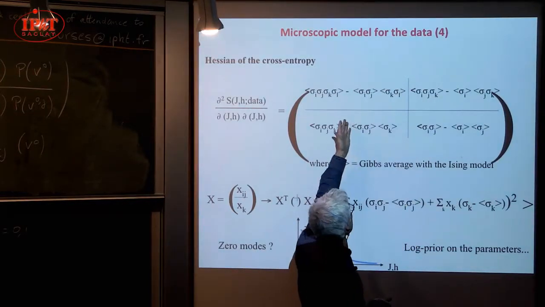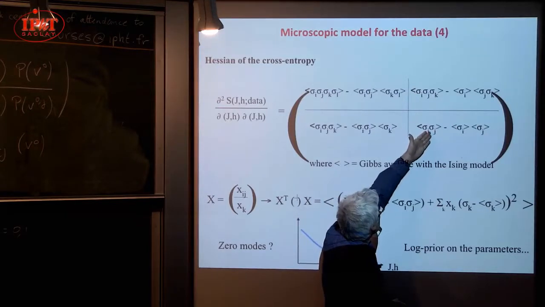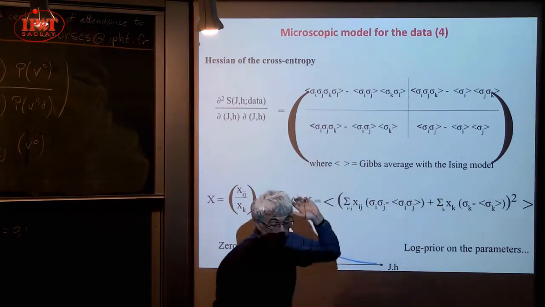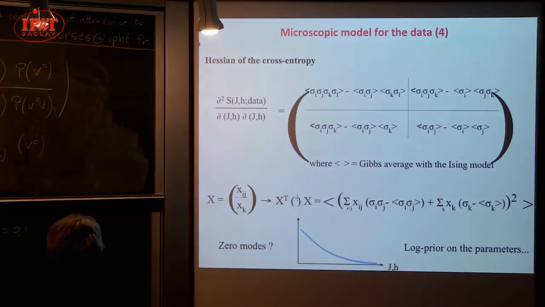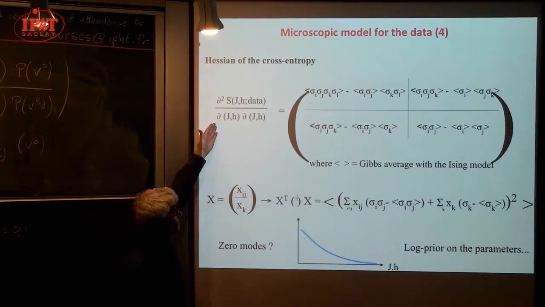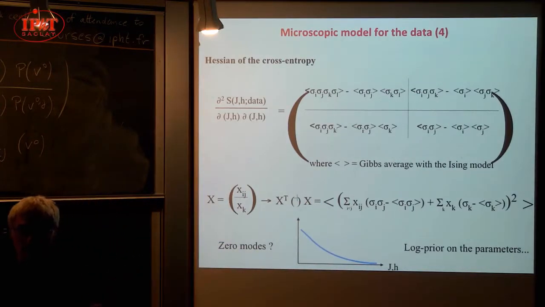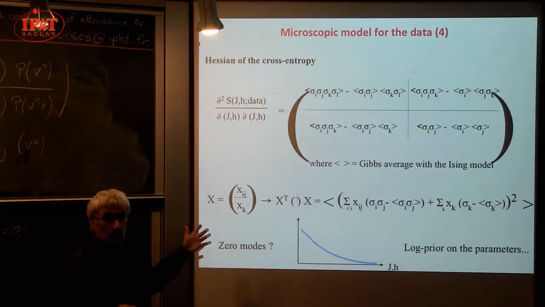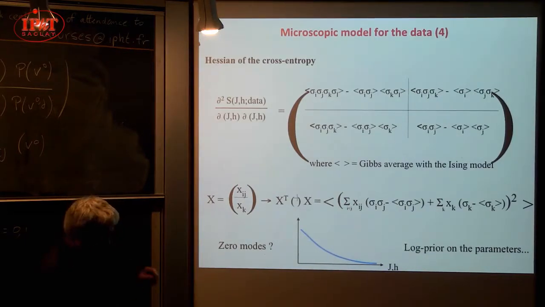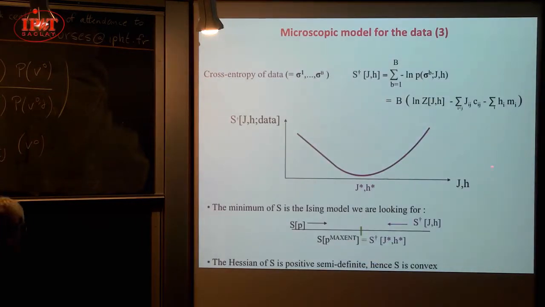But in fact, you can do that with higher order couplings, not only fields but couplings, and so you get higher order susceptibility matrices. But the important thing is that the quadratic form, which can be built from the Hessian matrix of S, is positive. Okay, so it's a convex function. It's a well-known fact, I think. Well, it's non-negative, let's say, but there could be some zero modes in this susceptibility matrix. The zero modes are bad in the sense that the minimum here will be at infinity.